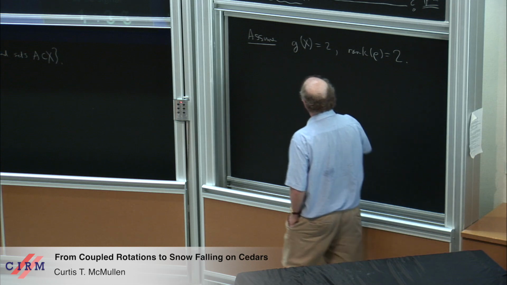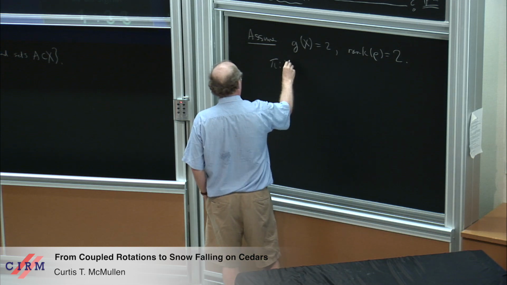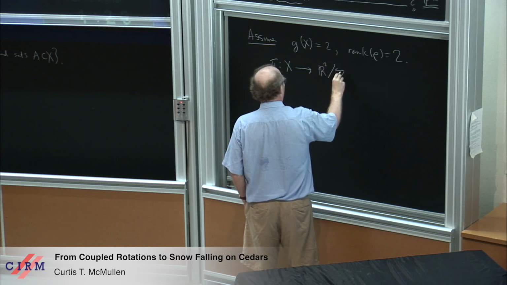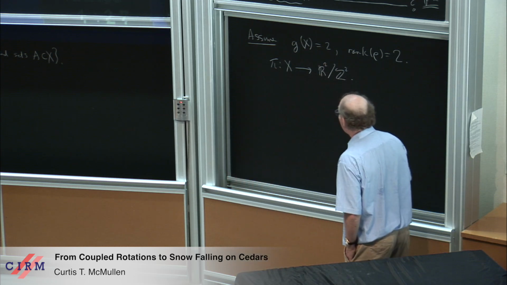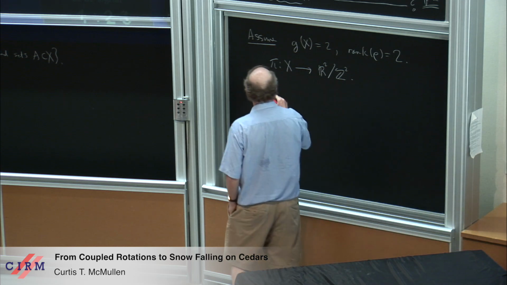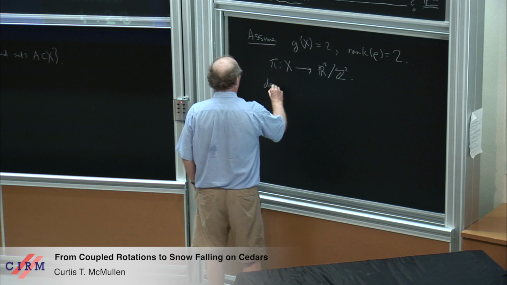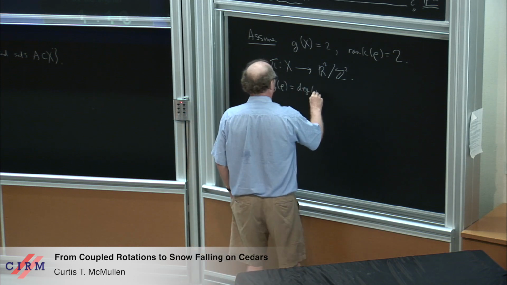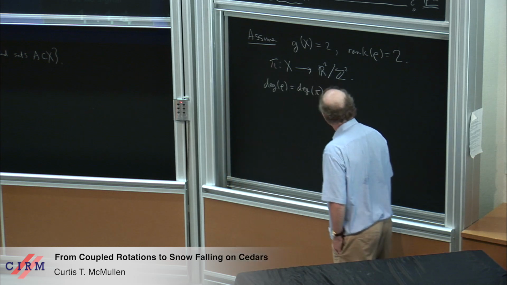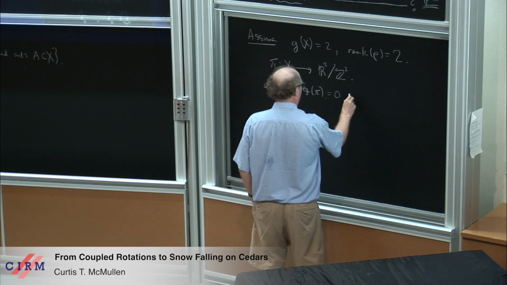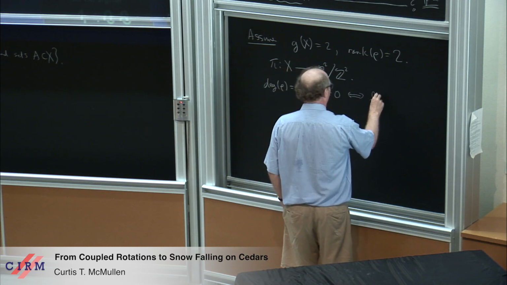So then we have a map. Our period map goes from X to a two-dimensional torus. So there's an obvious invariant of this map, which is its degree. That's an invariant of the homotopy class. So we can define the degree of rho to just be the degree of this map pi. And this equals 0 if and only if the flux vanishes.